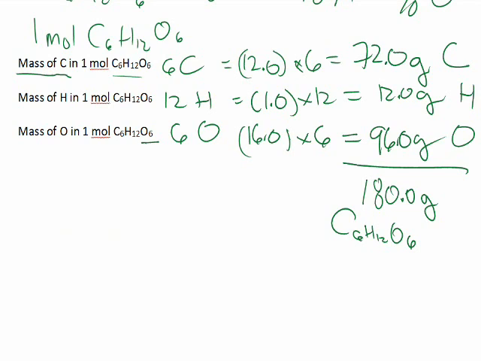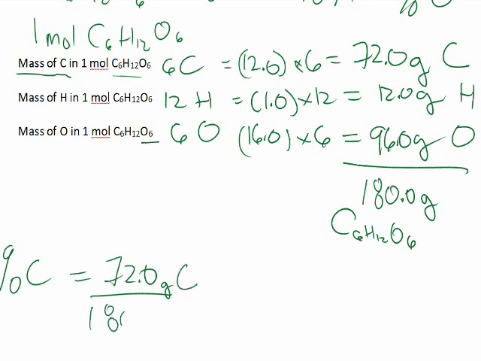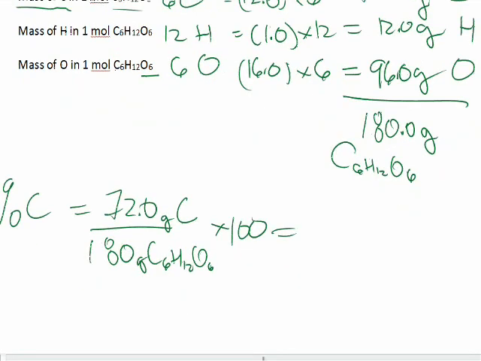Let's look at percentage of carbon in glucose. So that equals 72.0 grams of carbon divided by 180 of C6H12O6 multiplied by 100. That equals 40%. So 40% is carbon.